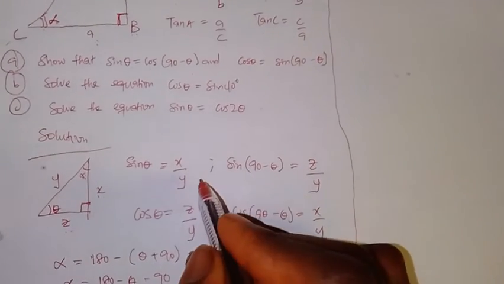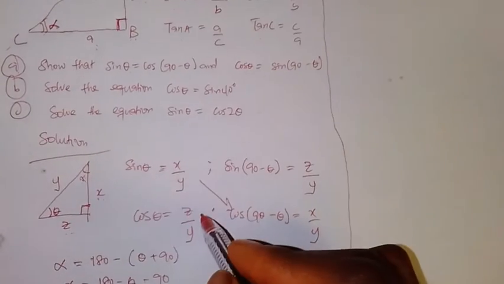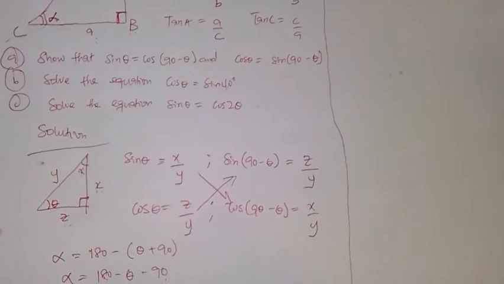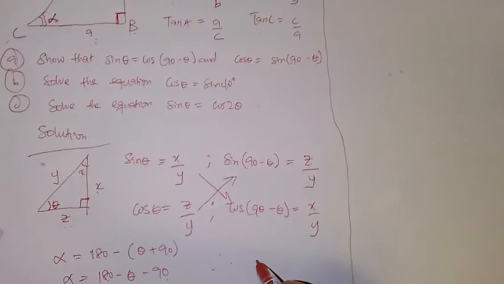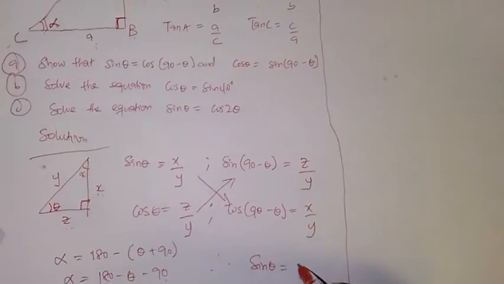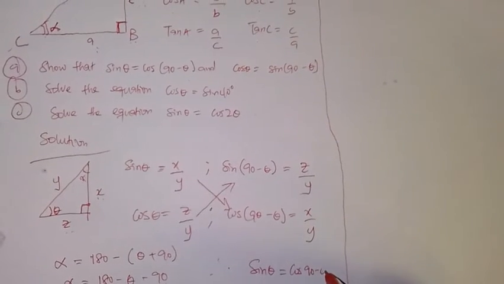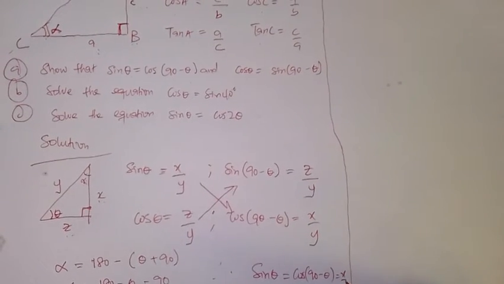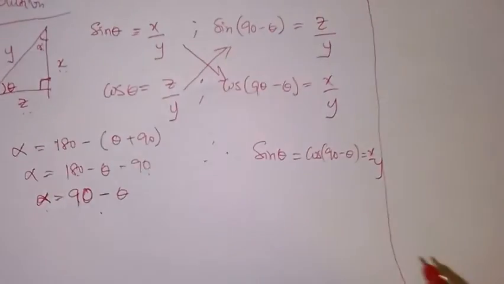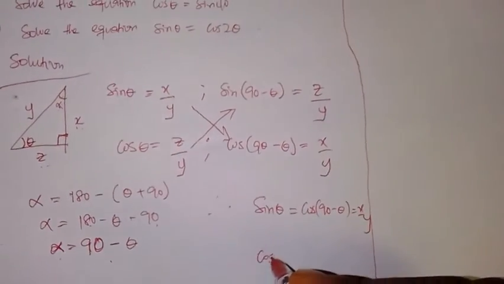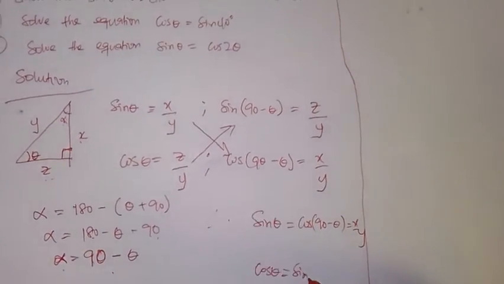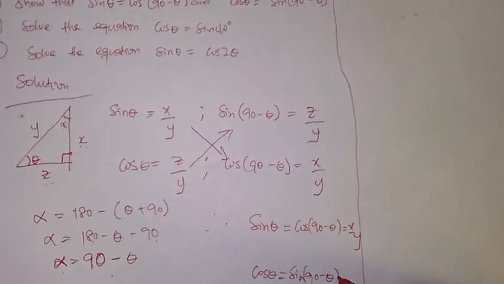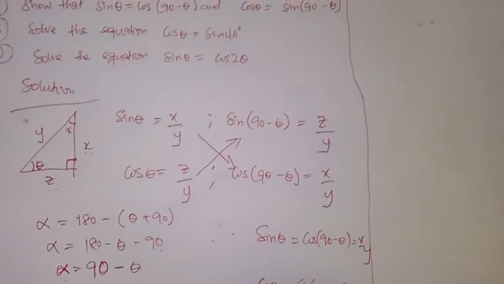Now looking at it, what do I have? I have this as the same, and I have this as the same. So I can now say that therefore sine theta equals cos of 90 minus theta, which is x over y. And I also have cos theta to be sine of 90 minus theta, which is z over y.